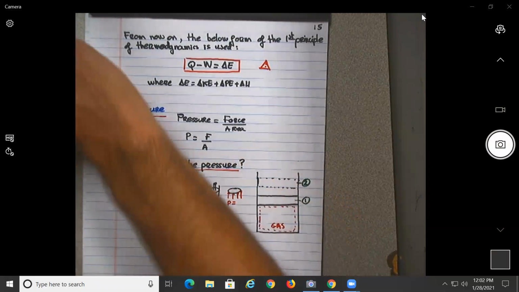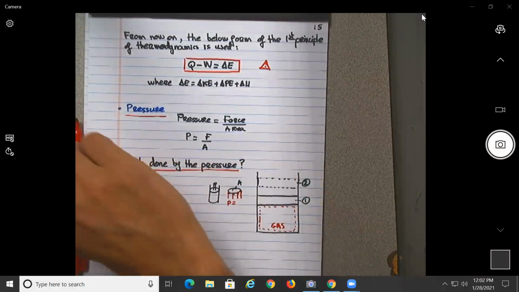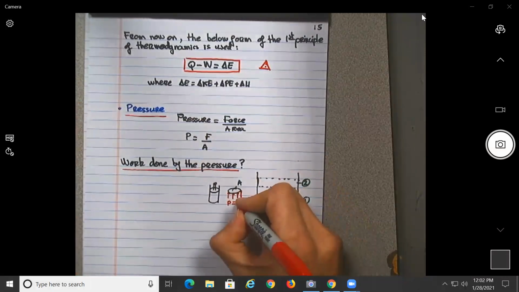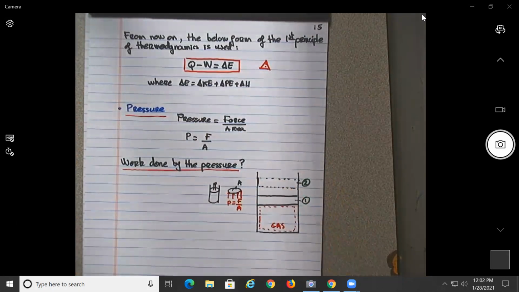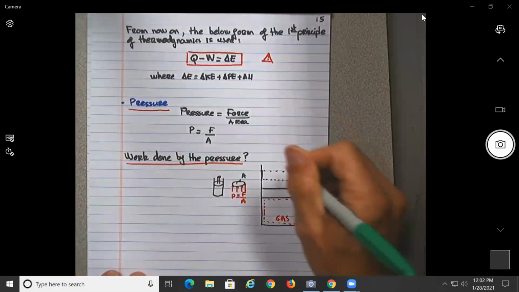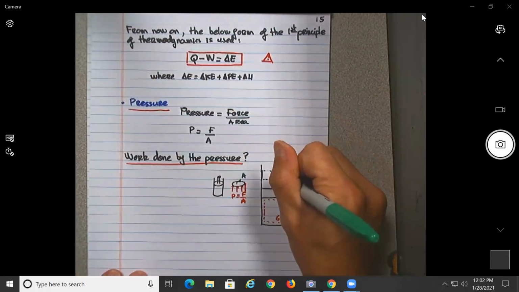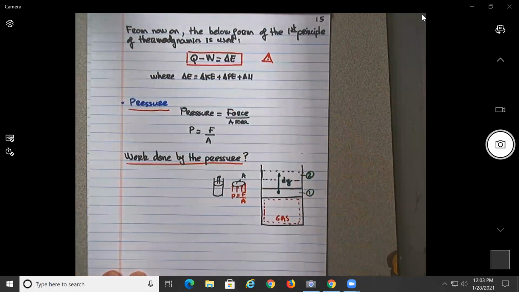The pressure is equal to the total force now acting over here divided by A. All right, and let's say this is moving a distance dy.